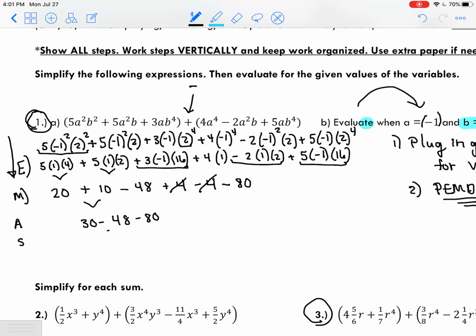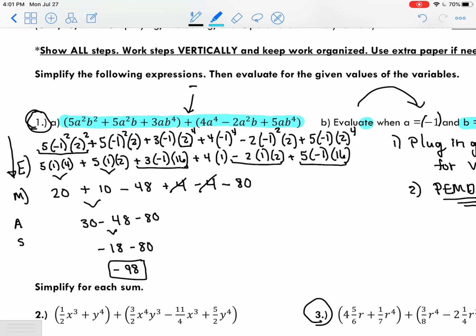And 30 minus 48 is going to give me a negative 18, and minus 80 more. It's going to give me a negative 98. So you can see here from this beginning, wow, huge expression, we are left with one single number, which is negative 98.